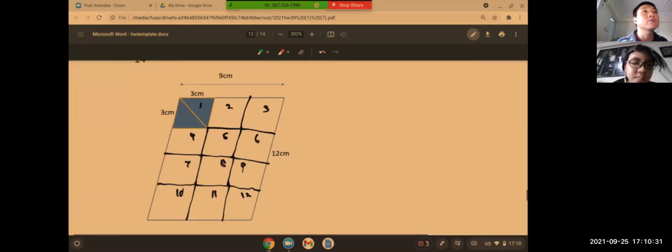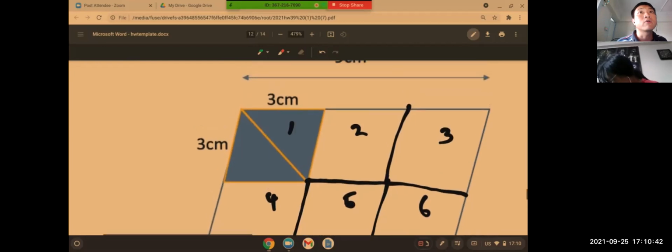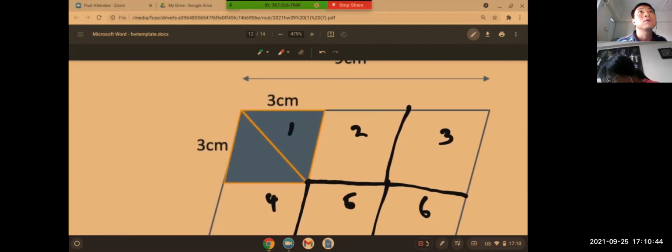I just want to focus on the shaded one. Draw the height. How do you draw the height? You better focus. You don't do it blindly. I tested you last time. How do you find the height? Not, oh, they give me 3, I take it as 3.